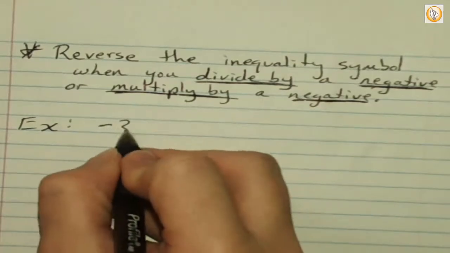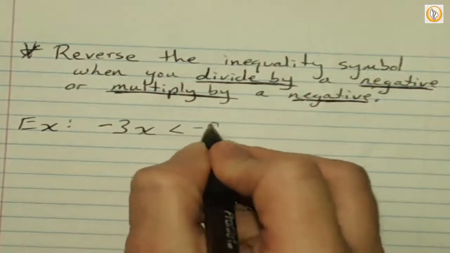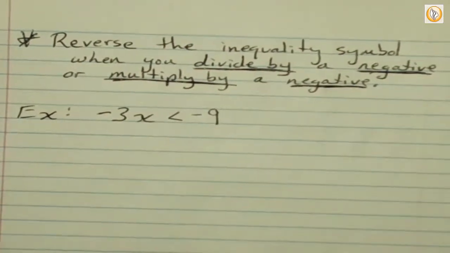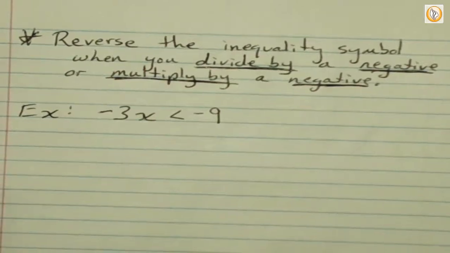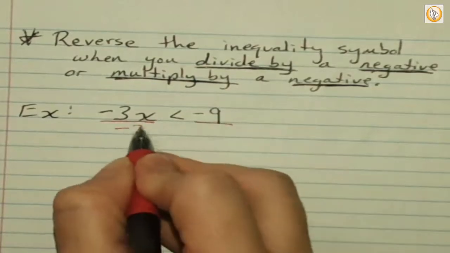Look at this. Negative 3x is less than negative 9. All right, how would I solve for x, Keith? All right, so we're going to divide both sides by negative 3.